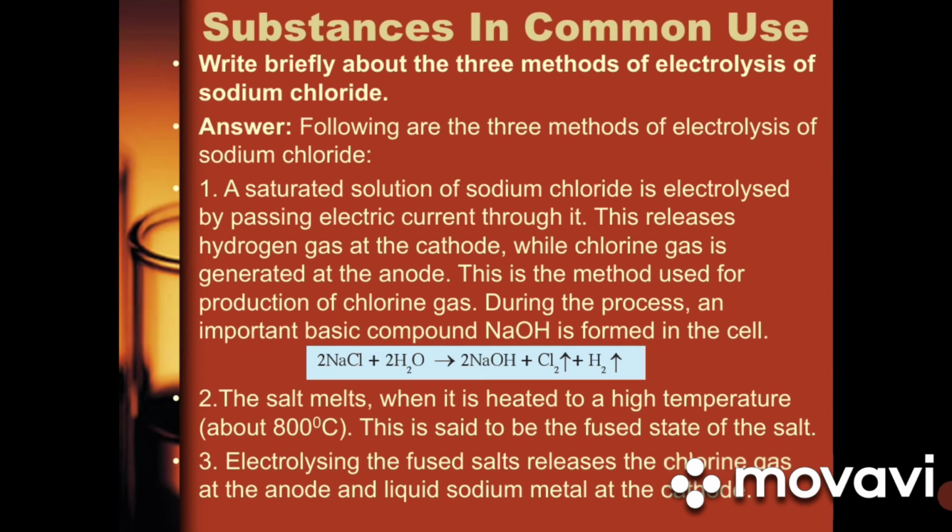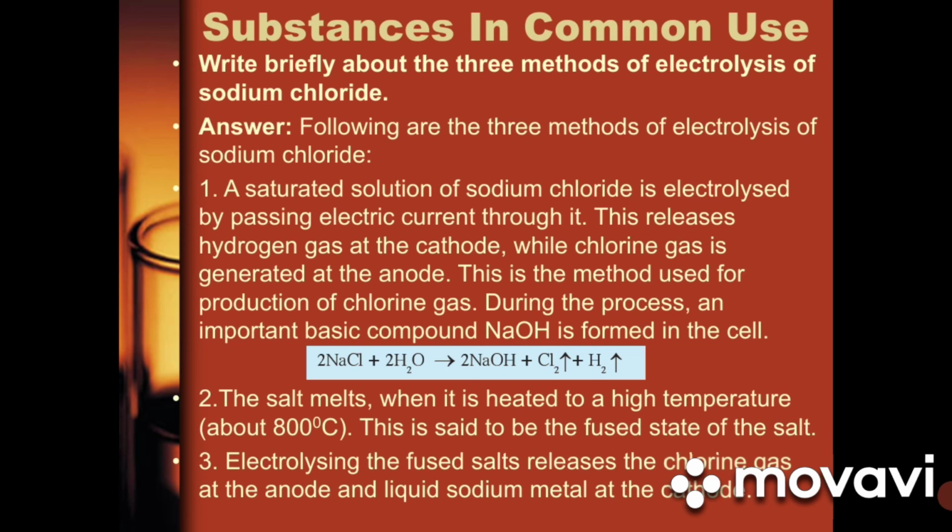Write briefly about the three methods of electrolysis of sodium chloride. Following are the three methods of electrolysis of sodium chloride. The first method is a saturated solution of sodium chloride is electrolyzed by passing electric current through it. This releases hydrogen gas at the cathode while chlorine gas is generated at the anode.